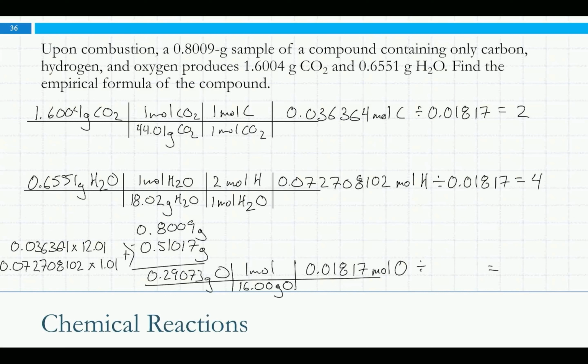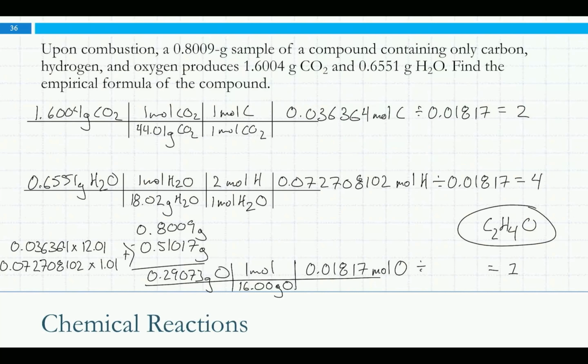And this is divided by itself, so it's 1. So that'll be C2H4O. That chemical formula probably works. I won't bother. Chem stuff. Okay.